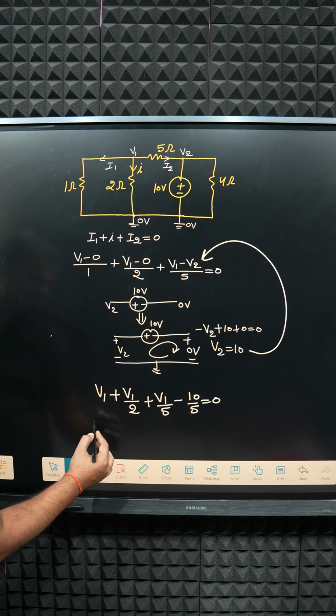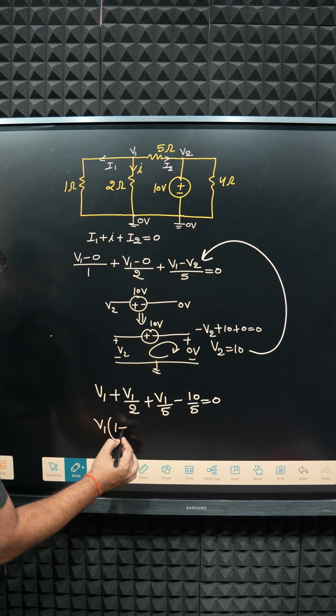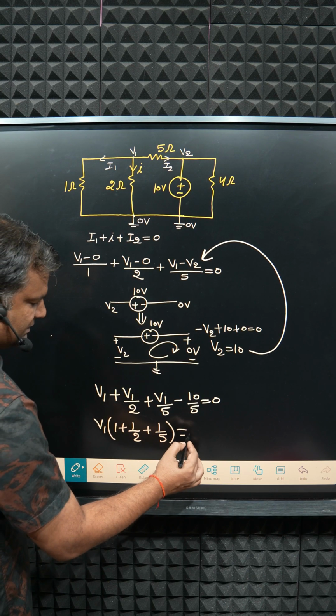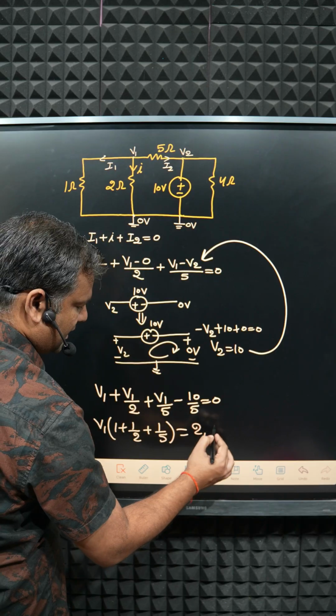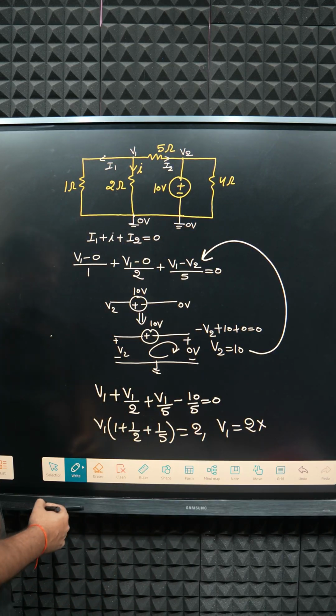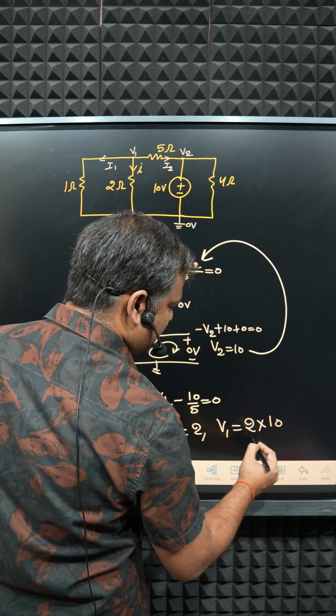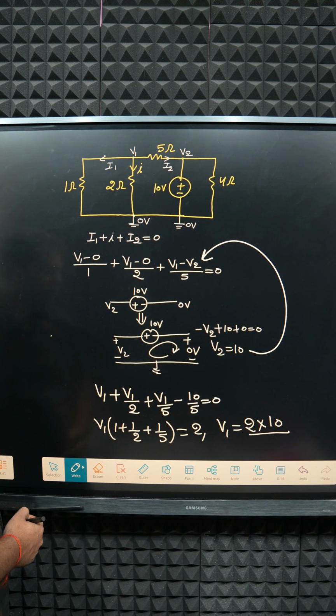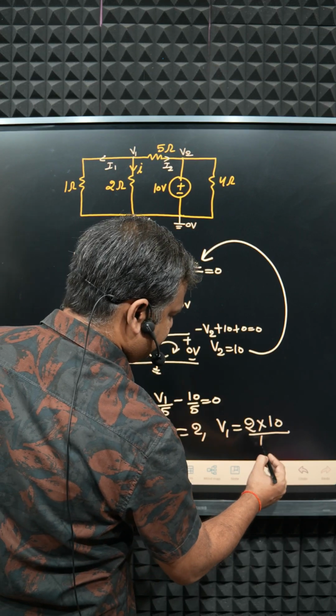Okay, now if V1 is common, then we get (1 plus 1 by 2 plus 1 by 5) V1 equal to 2. So what about V1? V1 is basically 2 into 10 divided by 10 plus 5 plus 2, that is 17.